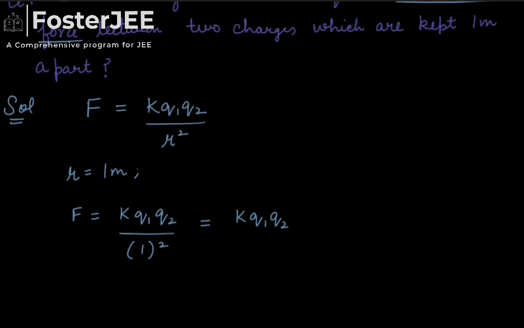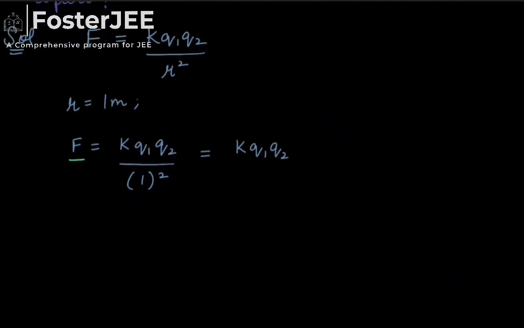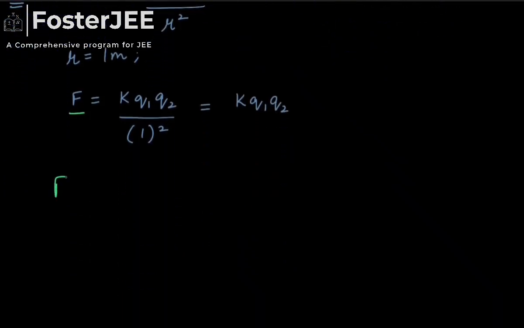Now, we can see this force F depends upon both the charges Q1 and Q2, where K is a constant for a particular medium. That means if force has to be minimum or the lowest possible, because we are asked about the lower limit, the force will be minimum if the product of both these charges is minimum.